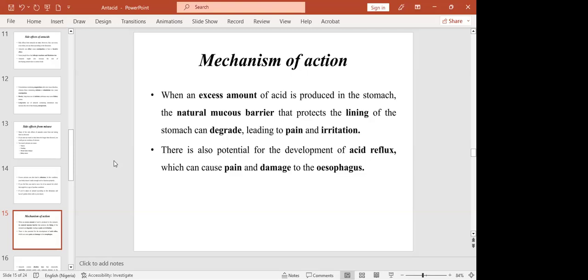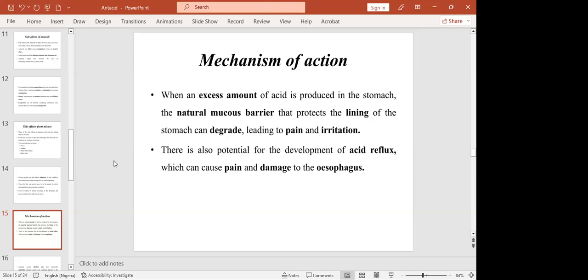Now, when there's excess acid being produced, I'm just using the mouth as an analogy of the stomach, the natural mucous barrier that protects that lining will be degraded. So the acid is washing out the natural mucus that should protect. If that natural mucus is degraded, the lining is exposed to acid just washing on it. So that can even further degrade the mucosal lining.